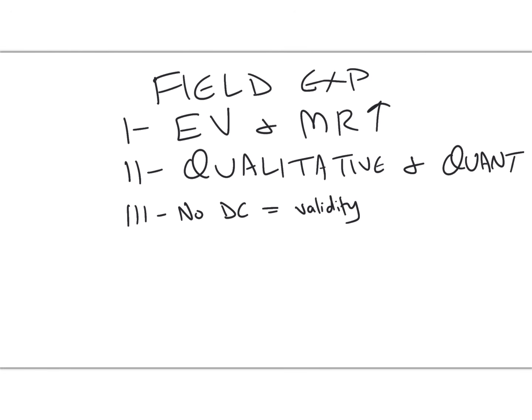Let's talk about some weaknesses. One weakness that we can consider of a field experiment is, when we compare it to a lab experiment, there are fewer controls, because the fact that you're doing a study in a natural environment means that there may be a lot of variables that you cannot control, situational variables, participant variables that are out of your control.